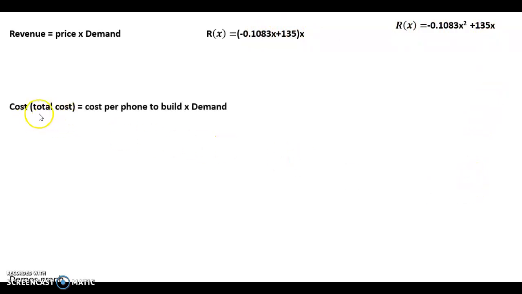And then the total cost, which we haven't done yet, is demand times the cost per phone, and the price that we got for each phone in the equation was $300. So we took the demand equation times 300, and this is what it gave us, negative 32.49x plus 40,500.